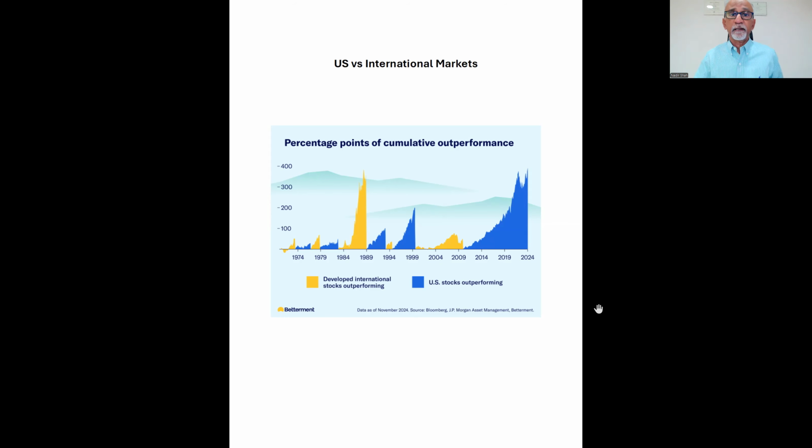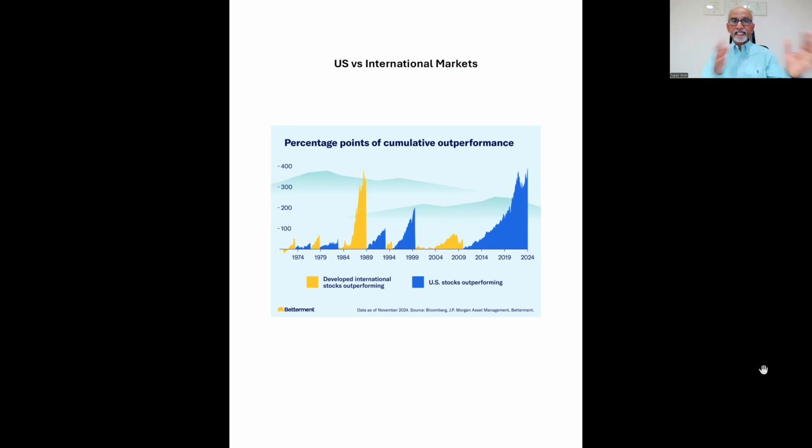The yellow curves are the ranges where developed international stocks outperform the US. For the last almost 10 to 15 years, US markets have been outperforming the international.